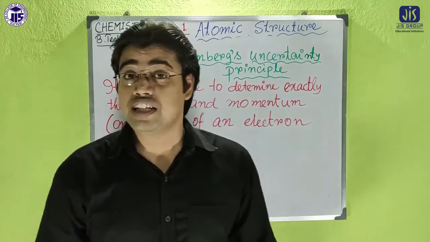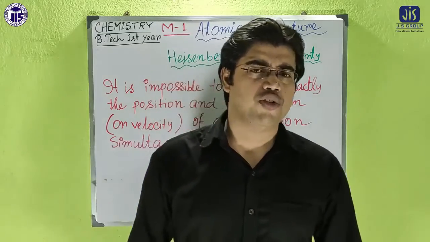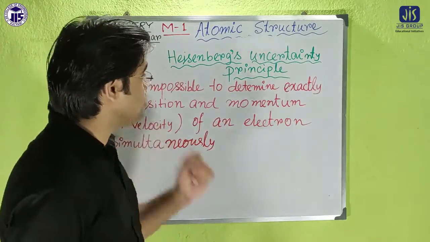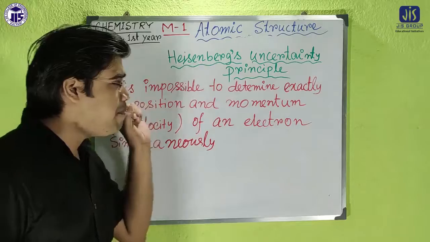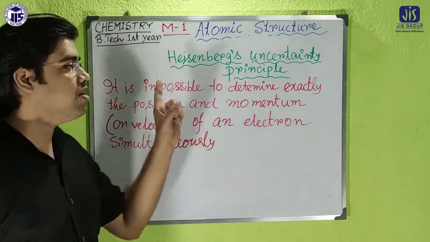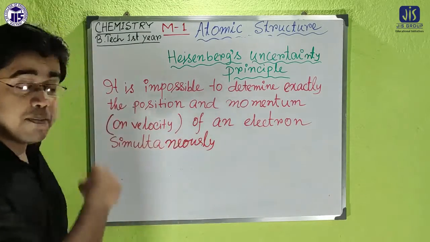The associated wave character does not allow the application of Newtonian mechanics. So according to the Heisenberg uncertainty principle, it is totally impossible to determine exactly the position and the momentum, or maybe velocity, of an electron simultaneously.